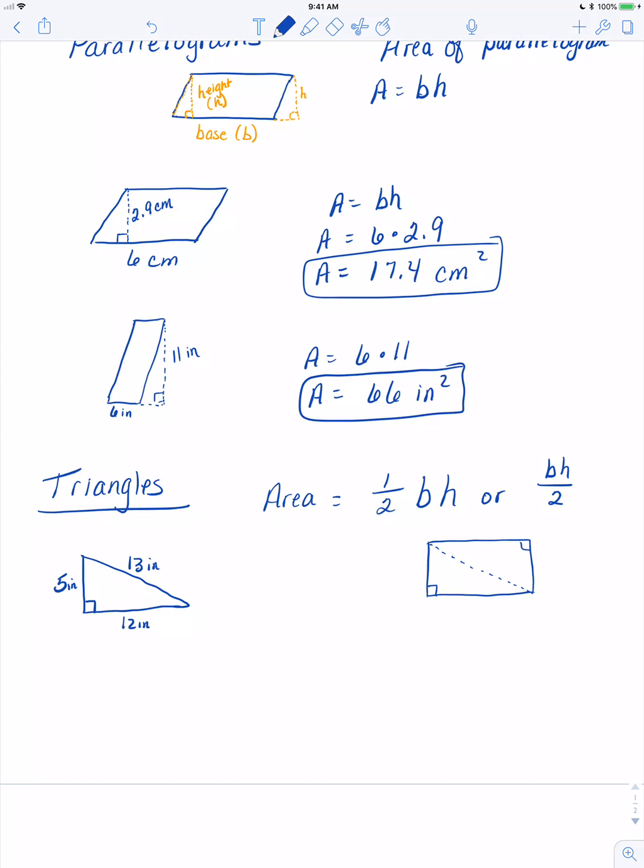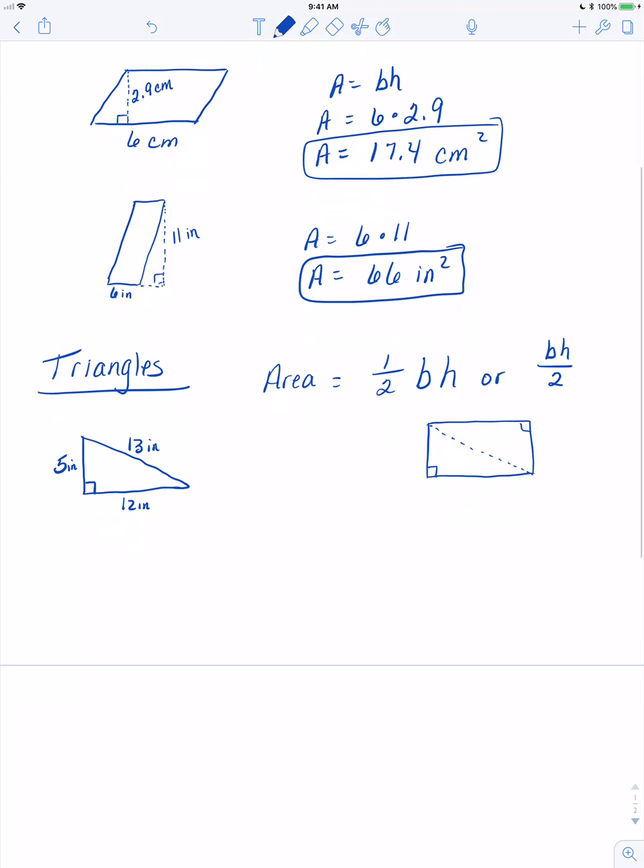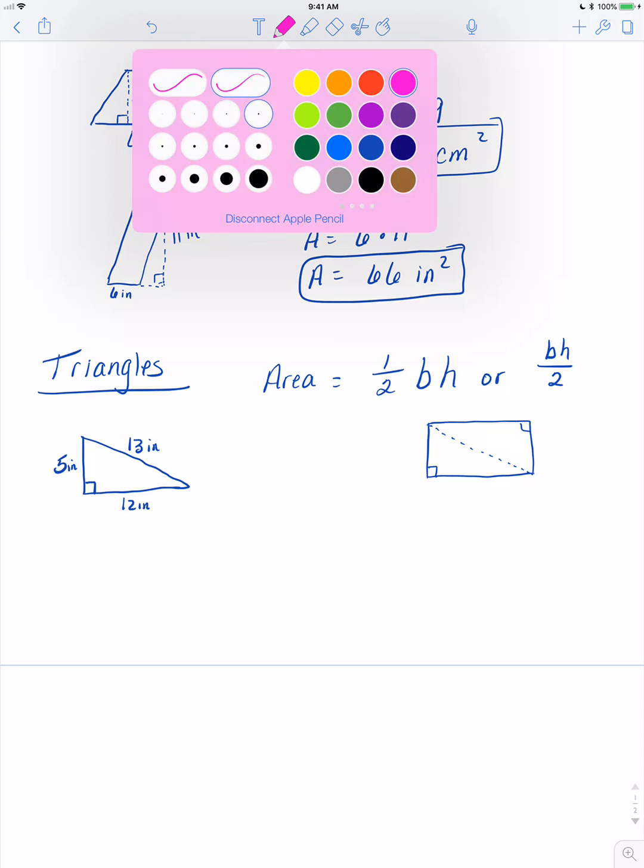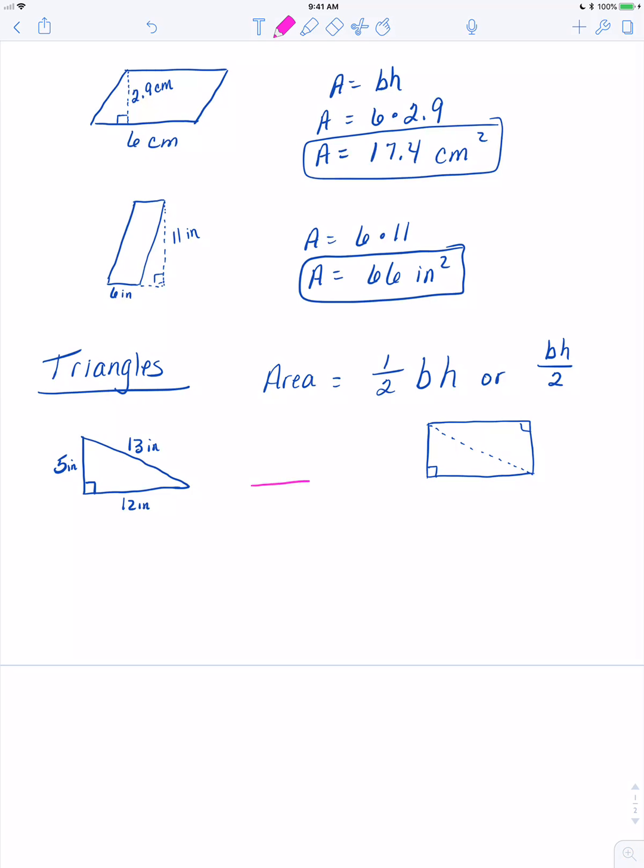Okay, so you might have an entire triangle that's all labeled. We need to remember what's the base and what's the height. Remember, on a triangle, any kind of a triangle, this is going to be your base. Remember, the height has to create that 90-degree angle there. This is your hypotenuse. Any of those slant lines do not give us a true length of the base or the height.